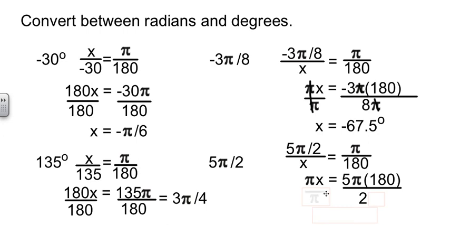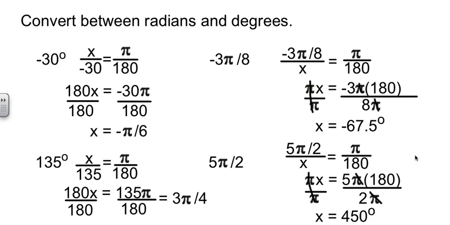Divide by pi on both sides. The pi's cancel. And now it's easy. 5 times 180 divided by 2 gives me 450 degrees.